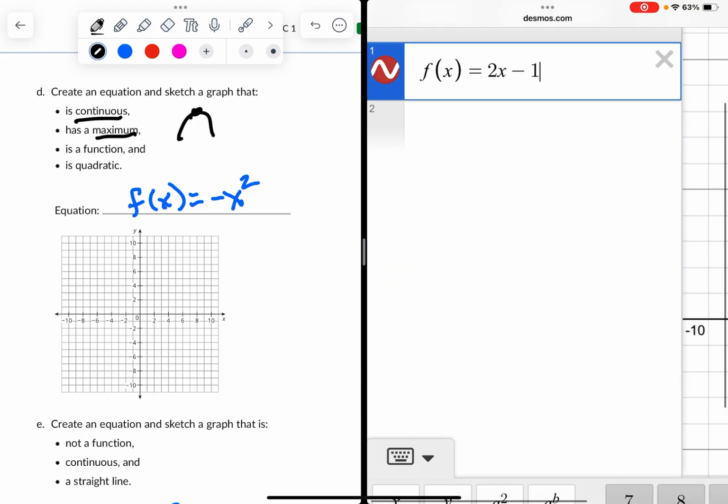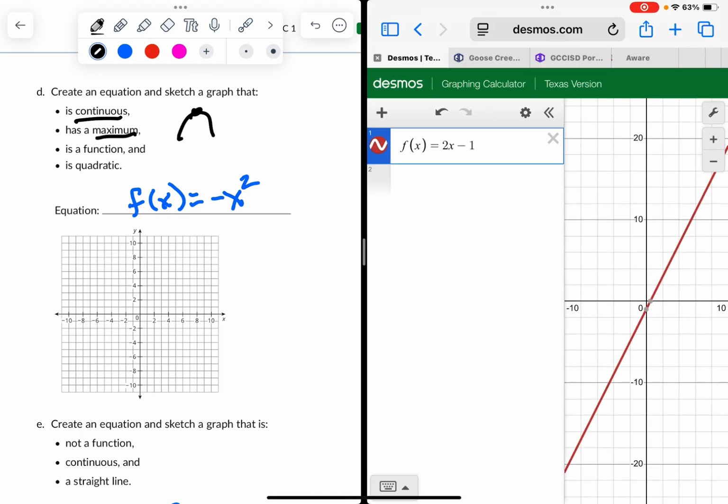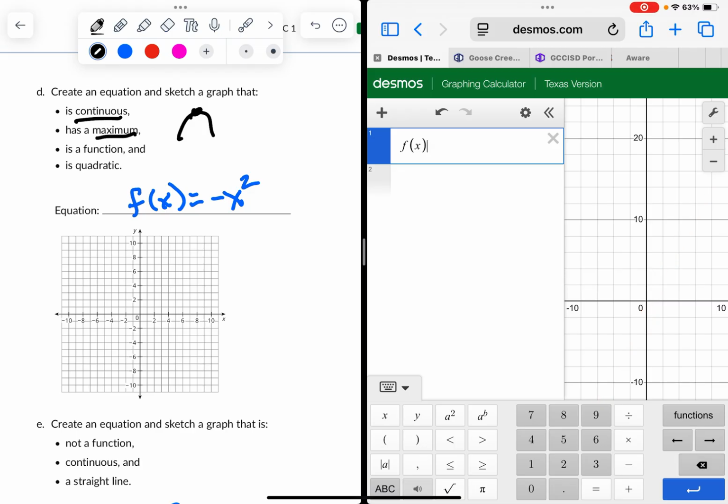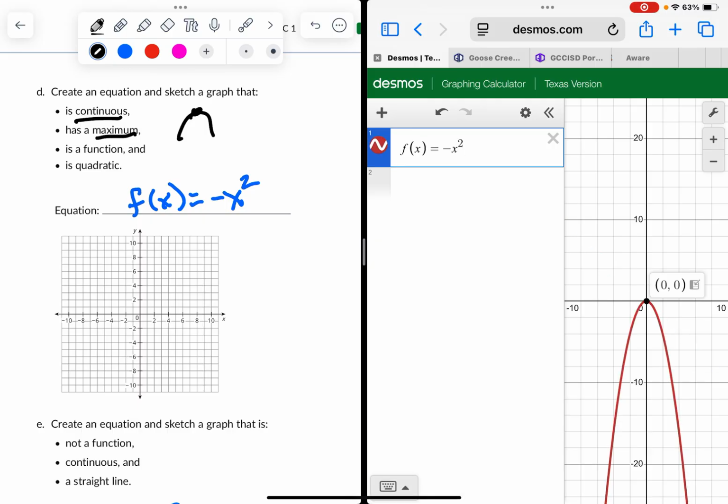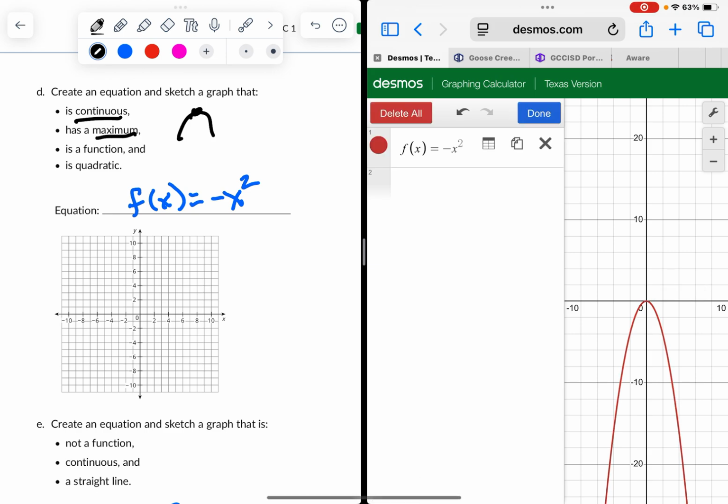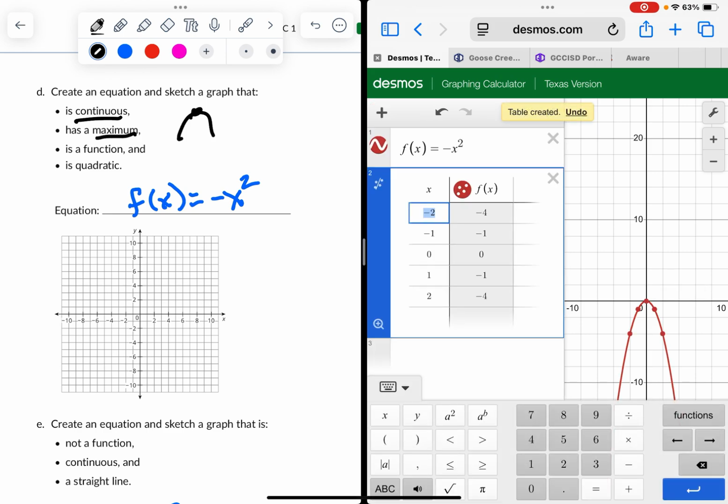So I'm going to go type this one in. -x squared. Okay, there it is. It looks like it goes through the origin as well. Since it's going to be continuous, you know, you might want to know where some of the points are, but I'm just going to connect the line. And this one's already got everything on the graph, which is nice.